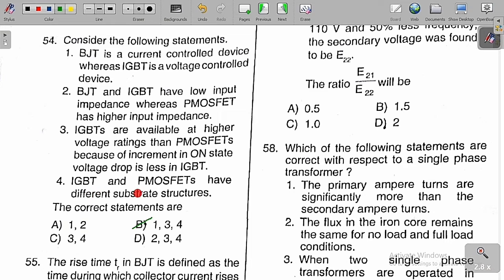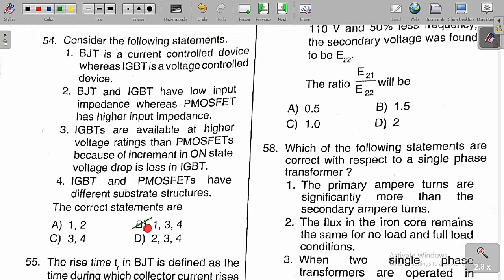Statement 4: IGBT and power MOSFETs have different substrate structures. Out of these 4 statements we have to choose which are correct: 1, 3, 4 are the correct statements, but 2 is the wrong statement. So option B is the correct solution of this question.